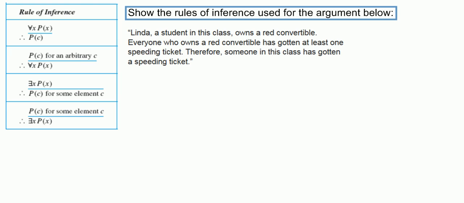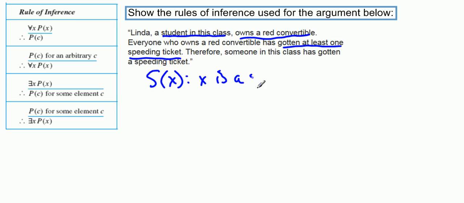First, we're going to have to come up with predicates. We can see that we're going to need to be a student in this class, we're going to need to own a red convertible, and we're going to need to deal with getting at least one speeding ticket. So we'll make predicates. We'll let s of x mean that x is a student in this class.